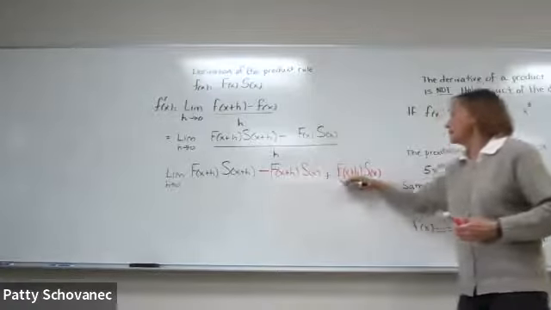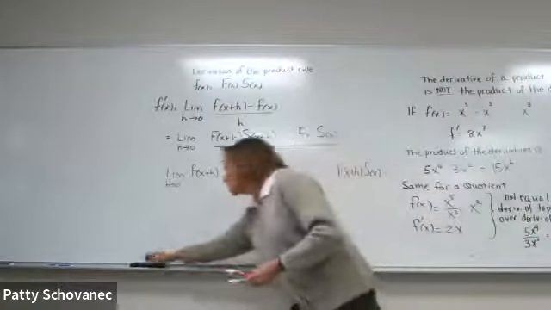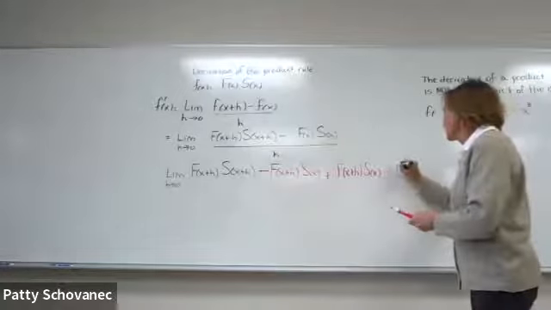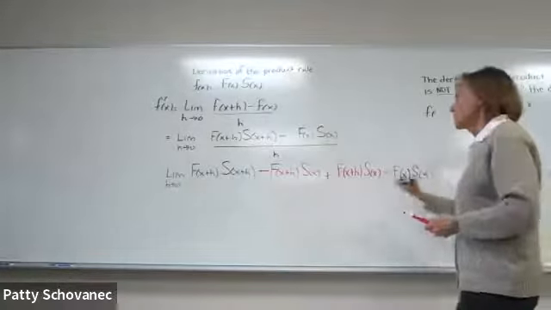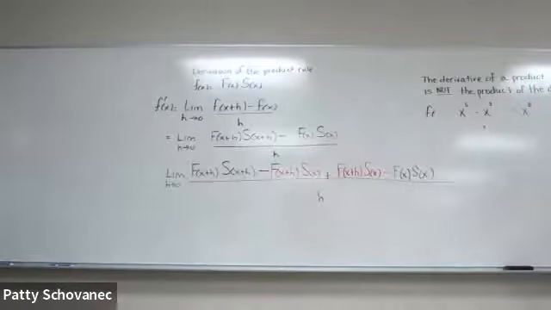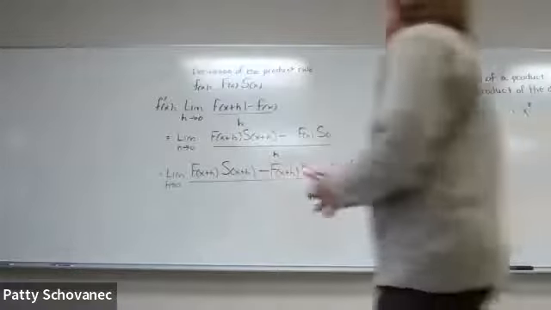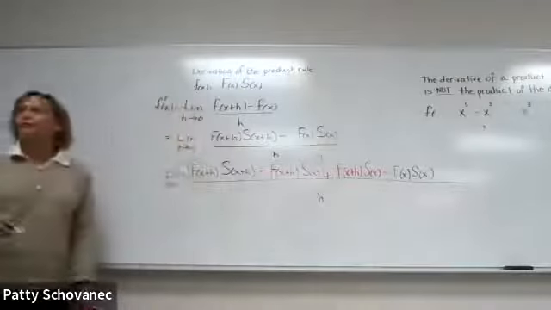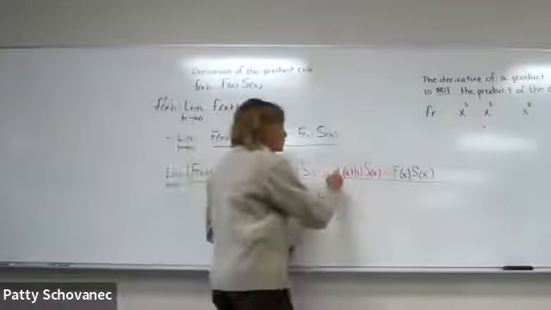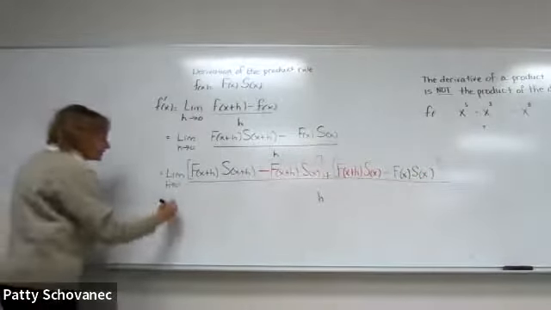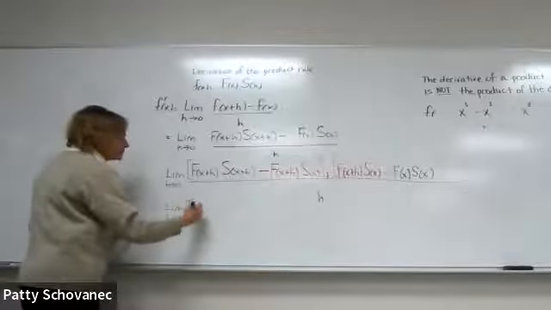I'm going to put it in, I'm going to take it back out, and I still have this there. That's divided by h. I subtract f of x plus h minus s of x, and then I add f of x plus h times s of x, and I did that so that if I can factor these by grouping, the first two terms have a common factor of capital F of x plus h. The second terms have a common factor of capital S of x. So I factor, and it looks like this. Pull out the common factor.